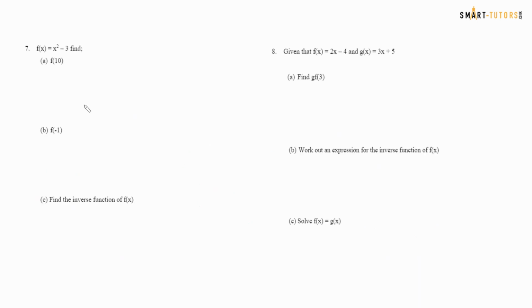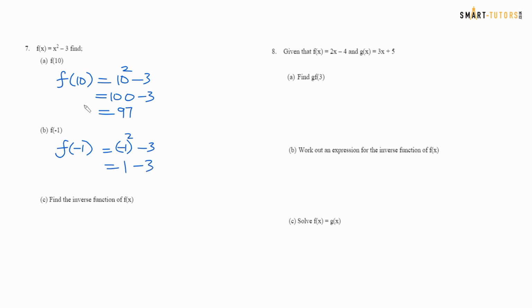Question number 7. F of 10 is the question. So I'm going to substitute: f of 10 means 10 squared minus 3, 100 minus 3, 97. F of minus 1: minus 1 squared minus 3, so 1 minus 3, minus 2.